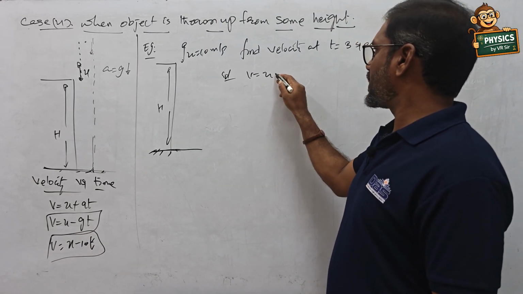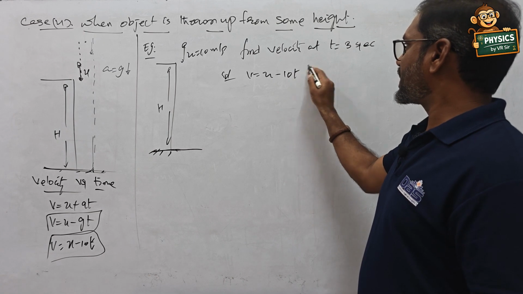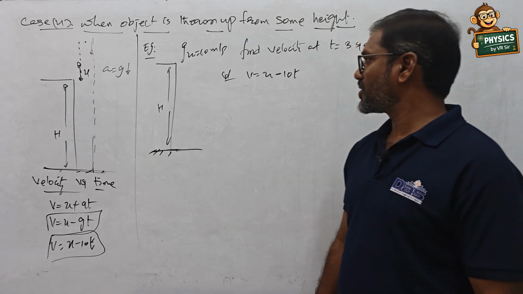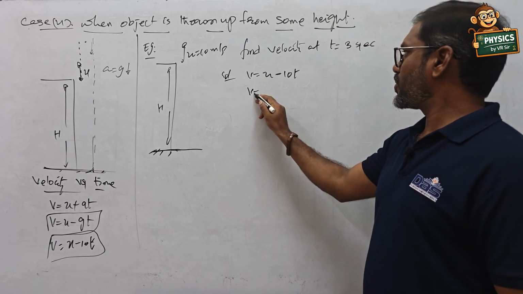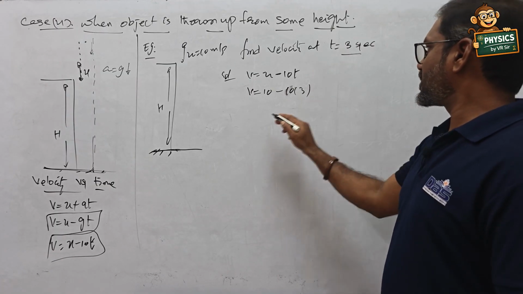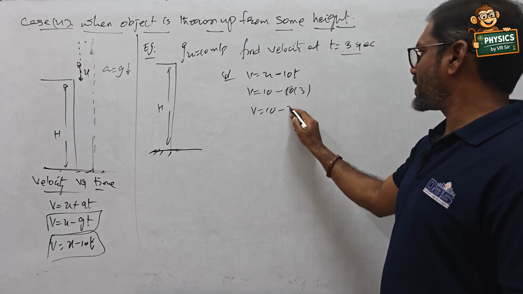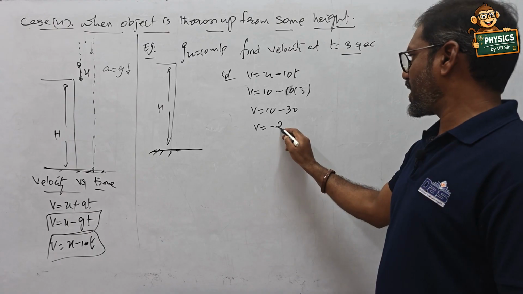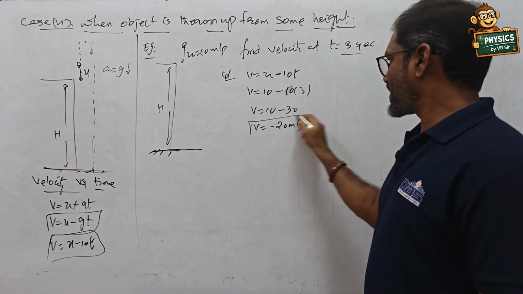Now v is equal to u minus 10t. So v is equal to 10 minus 10 into 3, so v is equal to 10 minus 30. So v is equal to minus 20 meters per second.